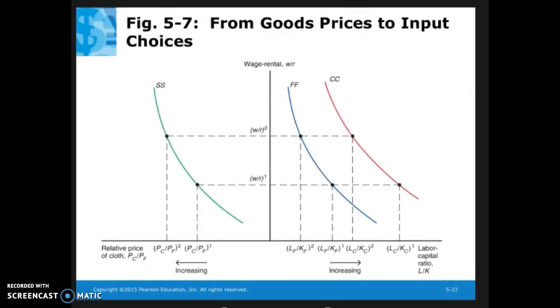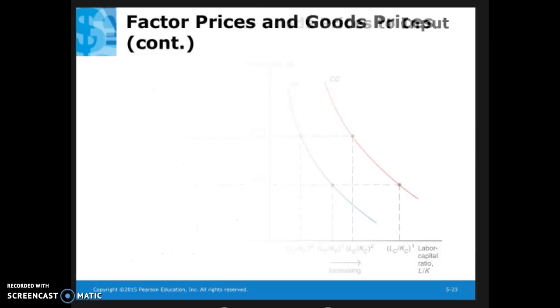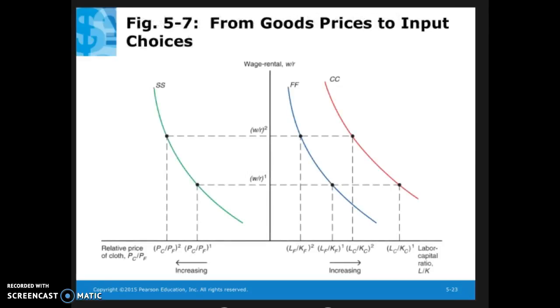So here we go. We have from goods prices to input choices. Suppose the price of cloth relative to the price of food is given by the price ratio.